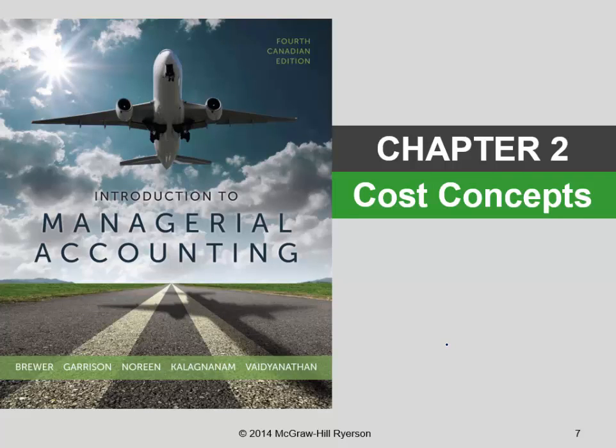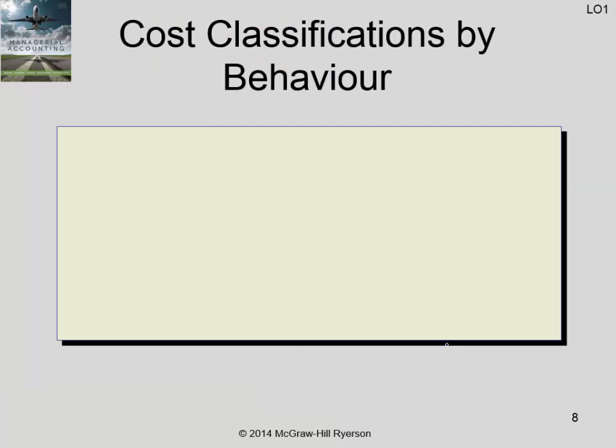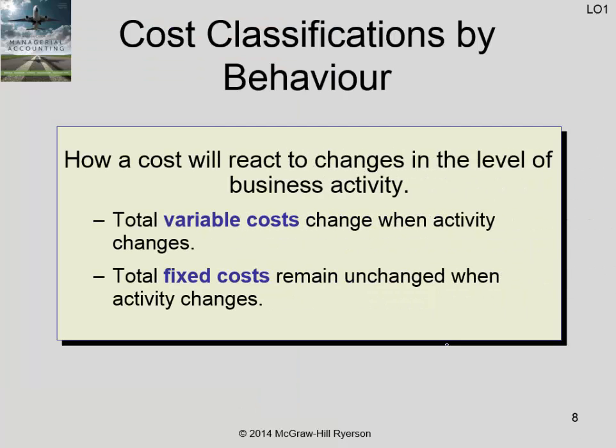All right, so that in a nutshell was your quick overview of Chapter 1. The meat of Lecture 1 deals with Chapter 2, which is cost concepts, some definitions, and how we go about classifying costs. One of the easiest ways to classify a cost has to do with its behavior.